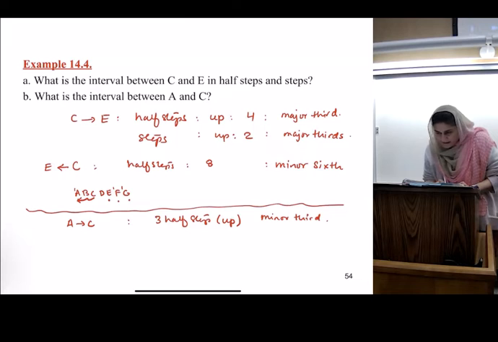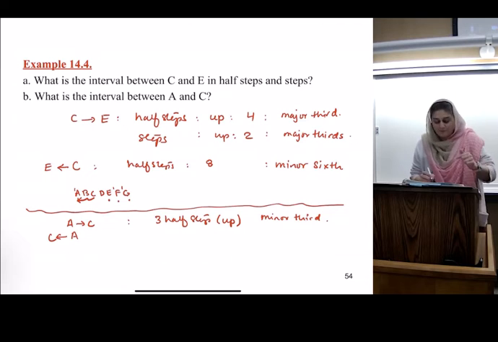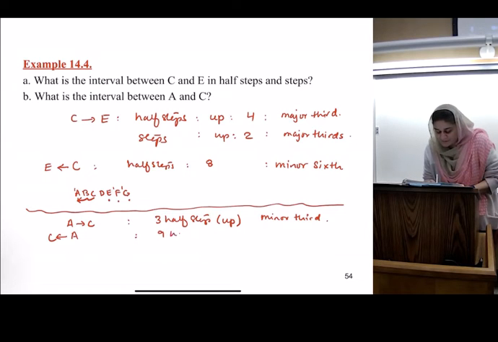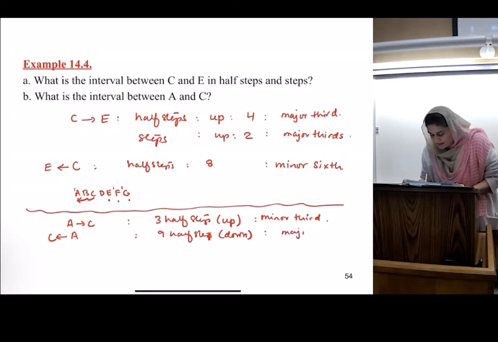And A down to C is 1, 2, 3, 4, 5, 5, and then 4. It has 9 half steps down. And this is a minor 6, and that will be a major 6.